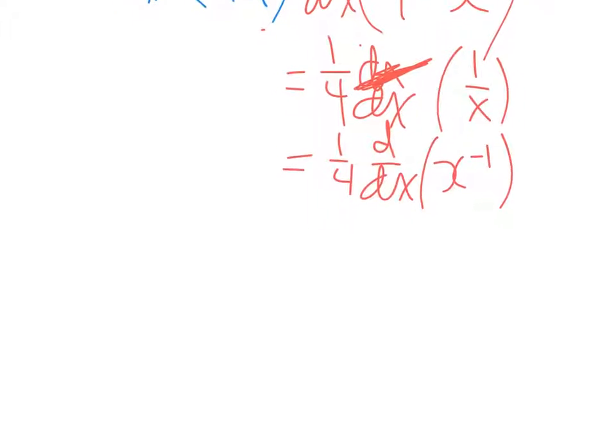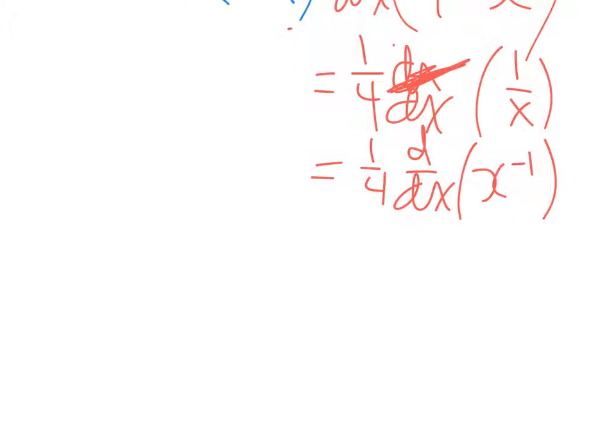I always bring that up to the top. And now I can do the derivative. So it's 1/4 of this derivative. Well, we know what that derivative is. I take that minus 1 and bring it to the front, and then it becomes x to the minus 2.